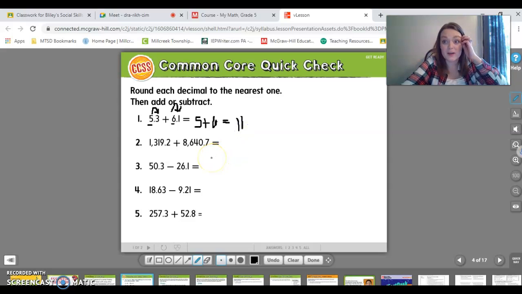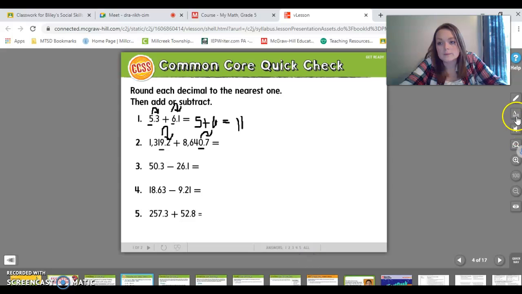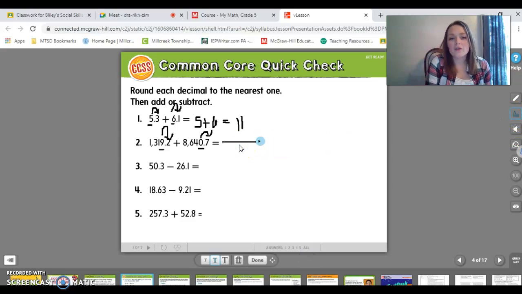Let's look at number 2. We have some thousands place numbers. Okay, we're going to look at our ones column and look at our tenths column where the decimal is. See if we're going to bump it up or drop it off. Okay, we have 1,319.2.